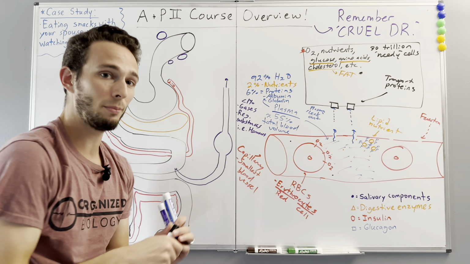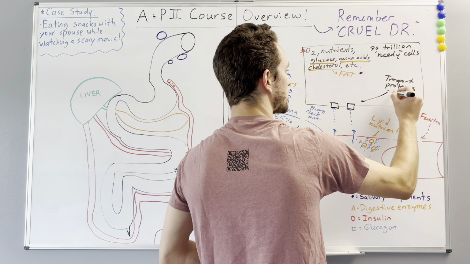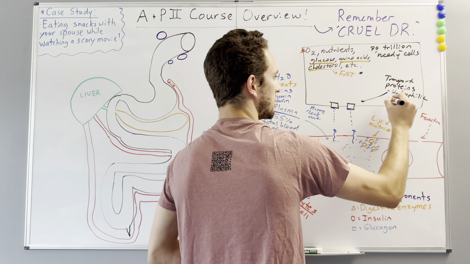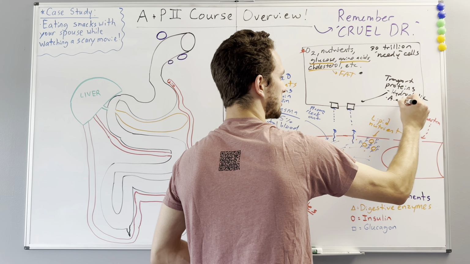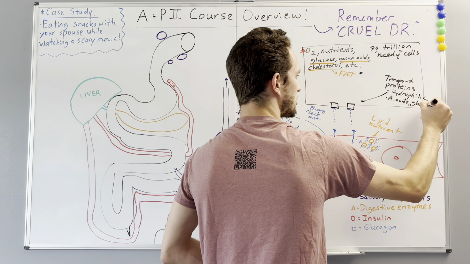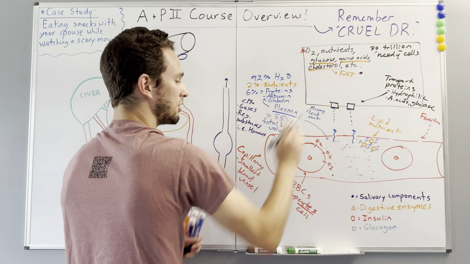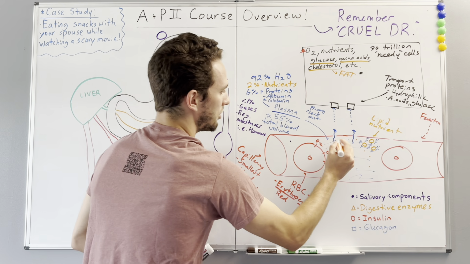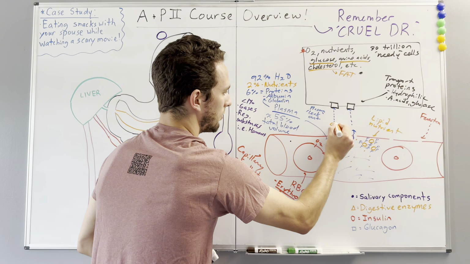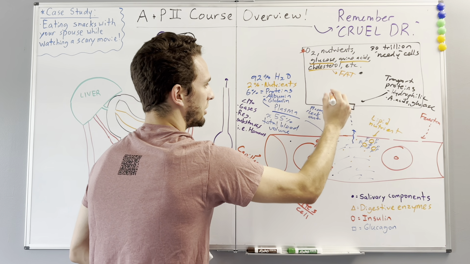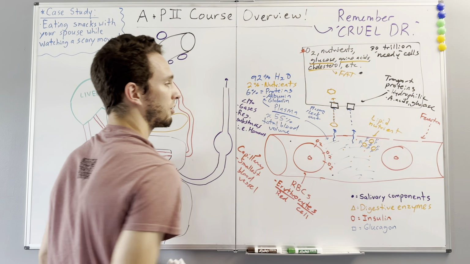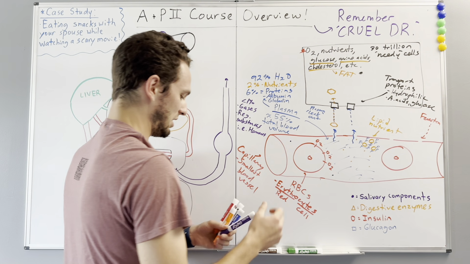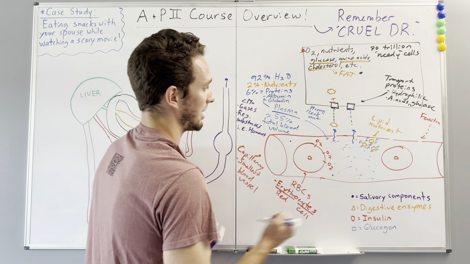These guys are going to help carry those hydrophilic, so water-liking, substances, like those amino acids, like the glucose, etc., through them so that they can get into the cell. So what would that look like? That would look like glucose being this little hexagon right here, flowing through a specific transport protein called a GLUT1 or GLUT4 transporter, getting into the cell. Brilliant. Same thing with amino acids. Say we have an amino acid, we'll draw it in blue because it's kind of like a protein.